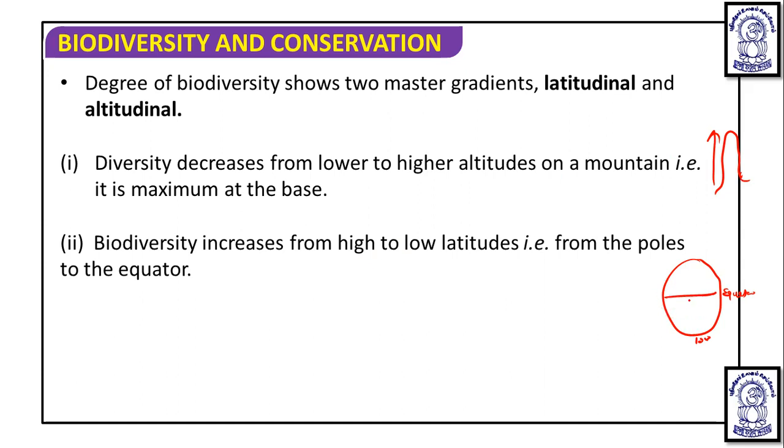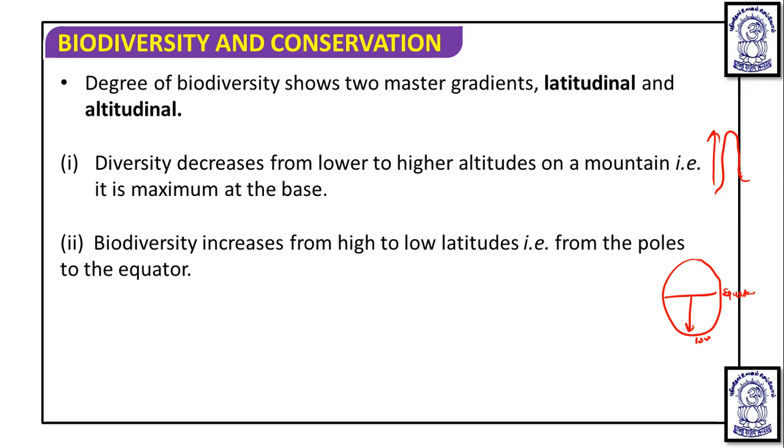Here you will see low latitude to high latitude. As we move from the equator to the poles, the biodiversity decreases. But as we move from high to low latitude, from the poles towards the equator, biodiversity increases.